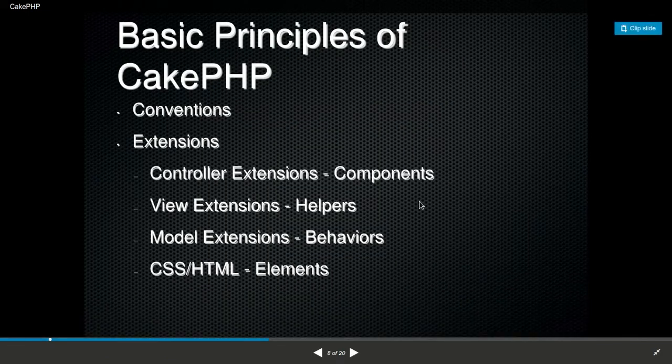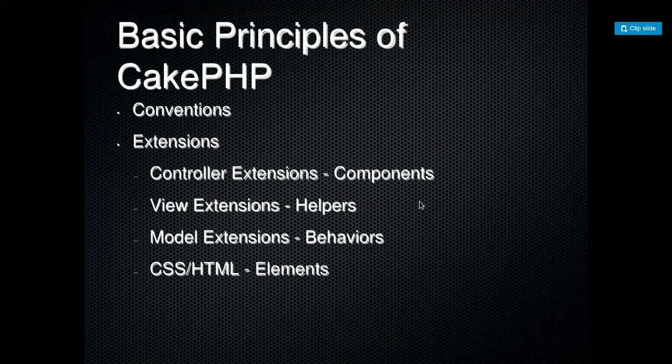Basic principles of CakePHP. The first principle is conventions. CakePHP strictly follows naming conventions. If we follow the naming conventions supported by CakePHP, then building CakePHP applications will be easier and more convenient.